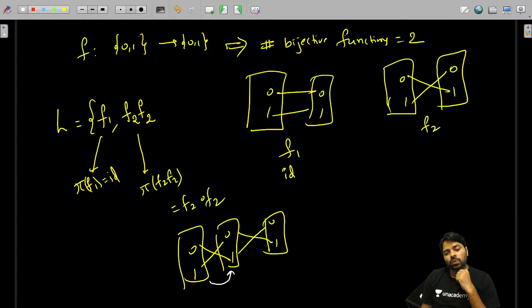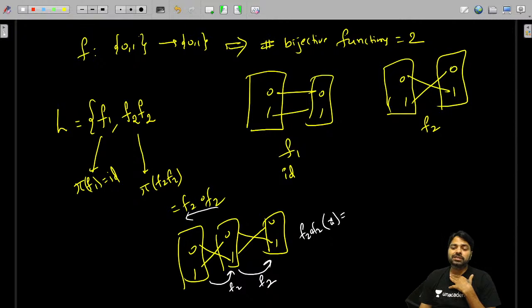This is one F2, this is another F2, and you always do right to left, you know that. If you look at F2 of F2, you take any x, here any element A, which is equal to A only. That represents ID.